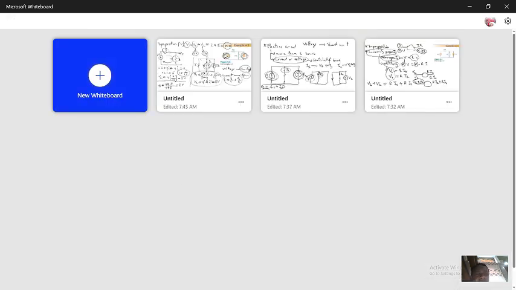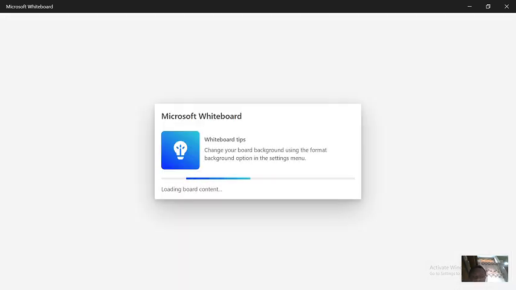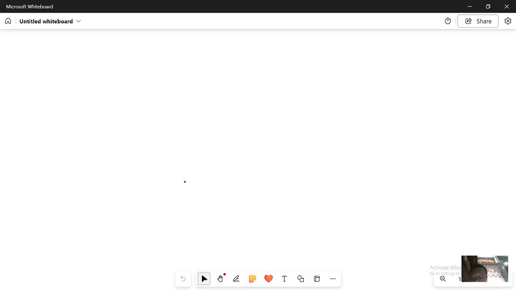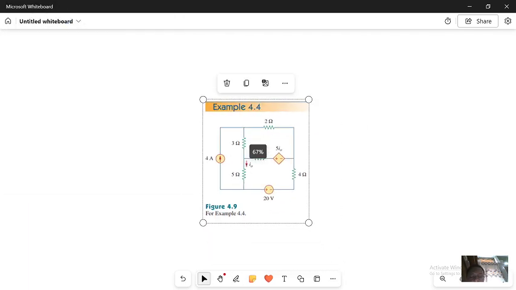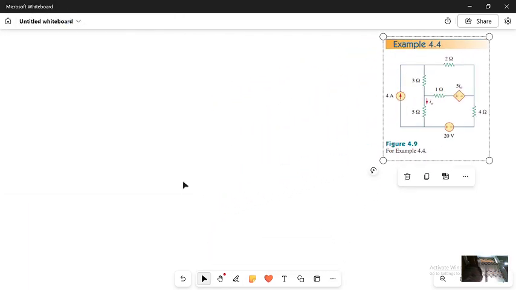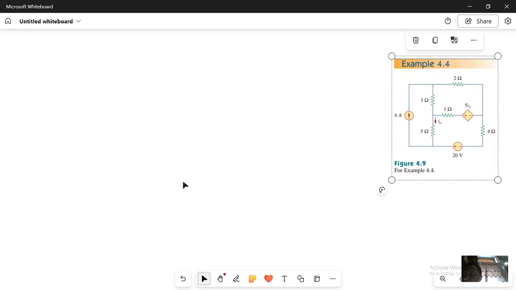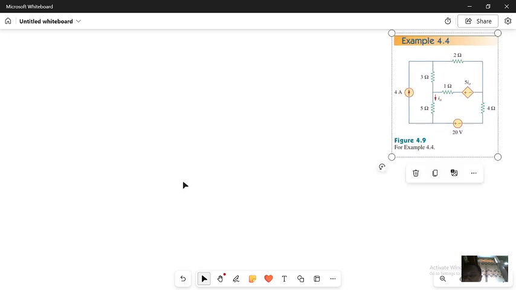Now we'll see another example. In this example there is an independent source and there is a dependent source.